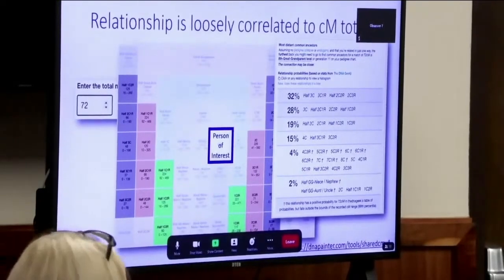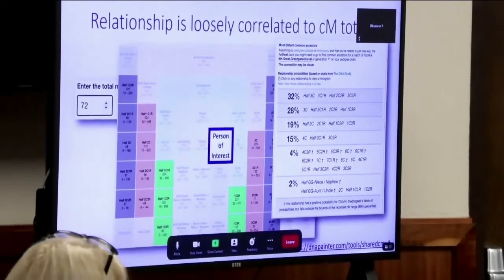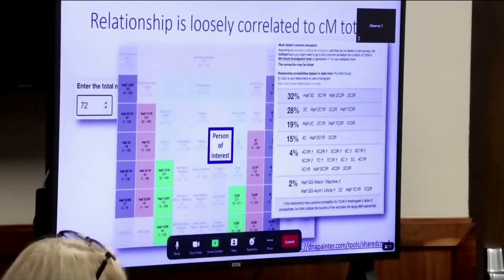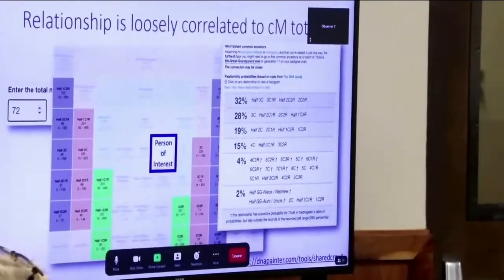Okay, so I mentioned that this is a statistical tool that's using probabilities, and so even though there are 30 or 35 possible relationships for a 72 centimorgan match, some of them are more likely statistically than others. And so this panel that is in that tool is listing which of the relationships are most likely.